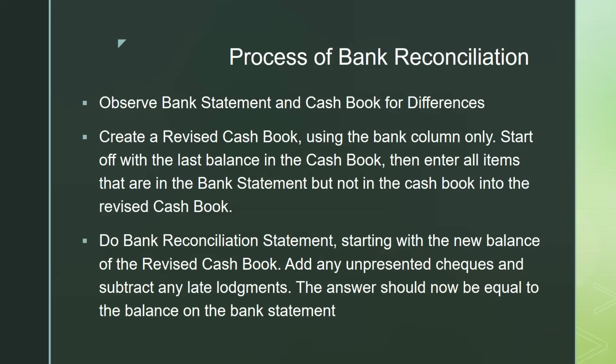So what will be on the debit side in our cash book will be on the credit side of the bank statement. What's on the credit side of the cash book will be on the debit side of the bank statement. So keep that in mind when you're comparing the cash book and the bank statement, right?